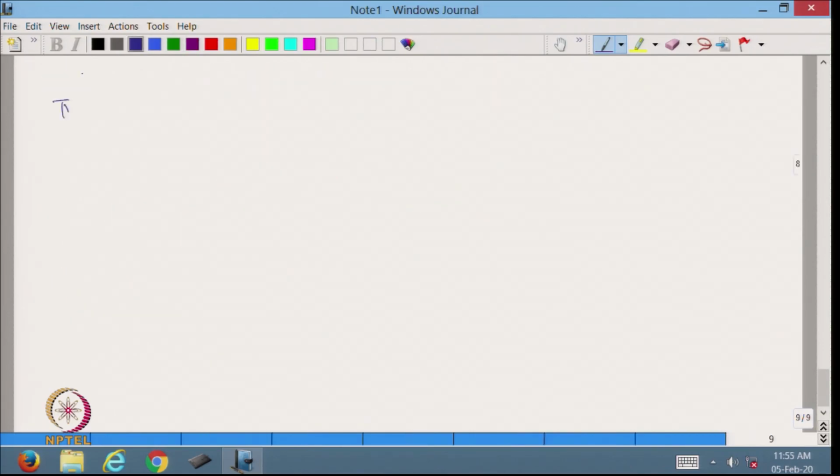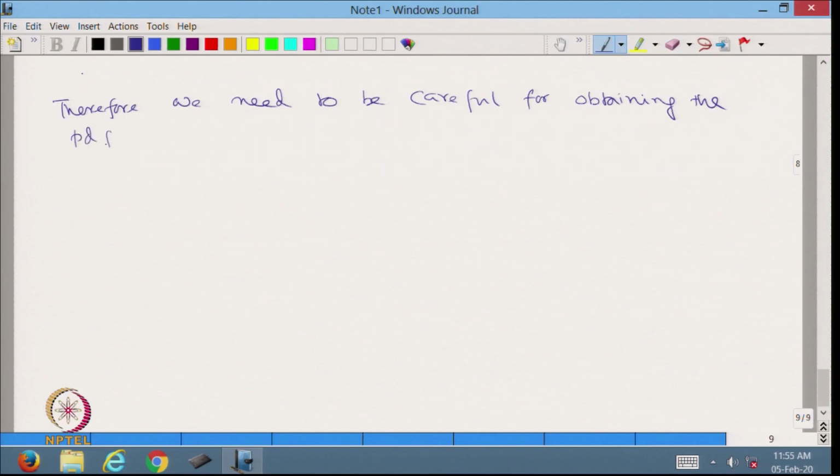Therefore, we need to be careful for obtaining the PDF of y.